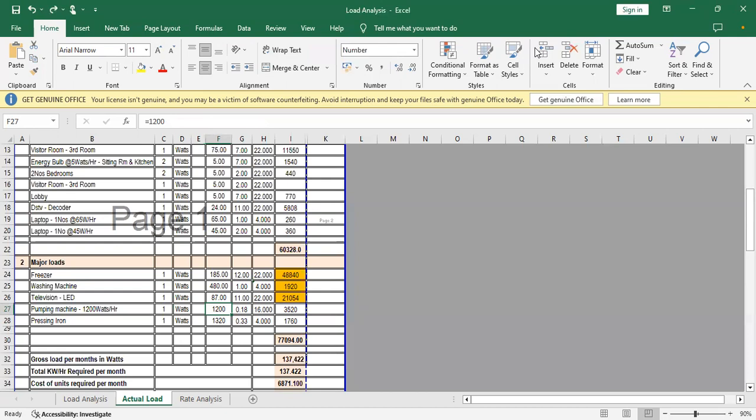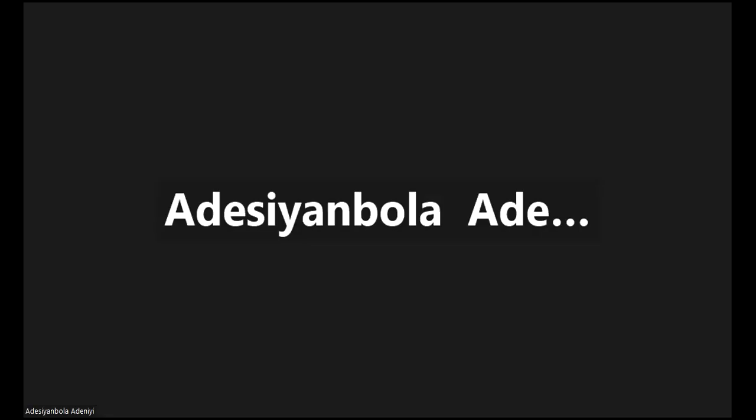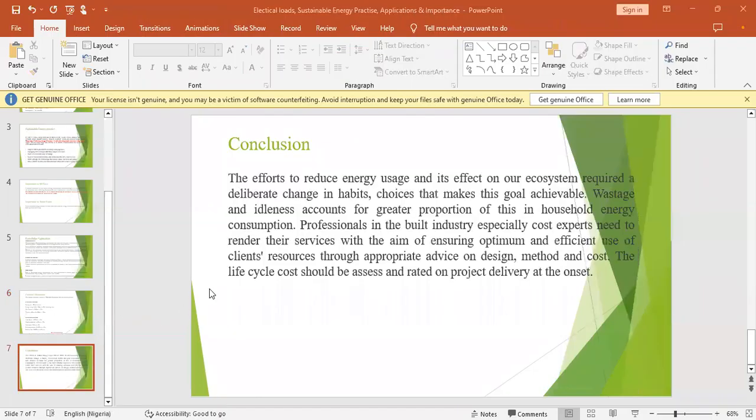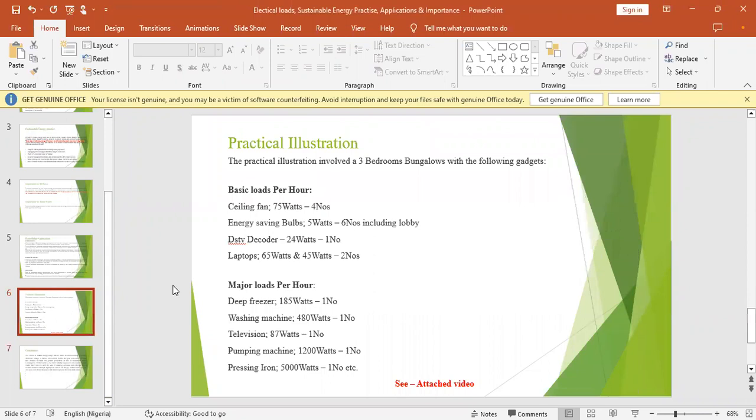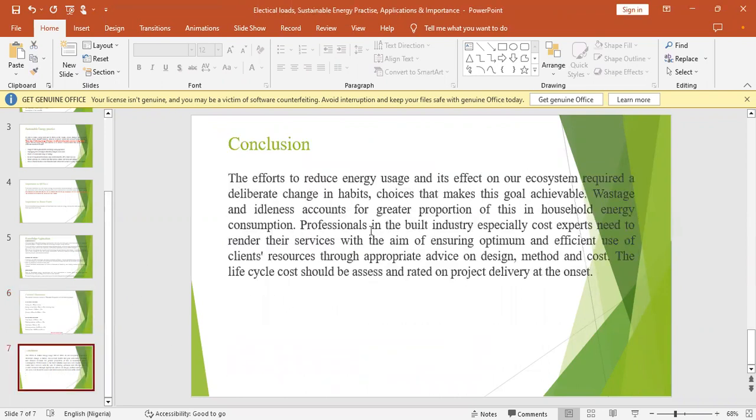So this data will enable the home user to do a proper planning for the energy consumption and the choice of gadgets that will not be too demanding in terms of energy.